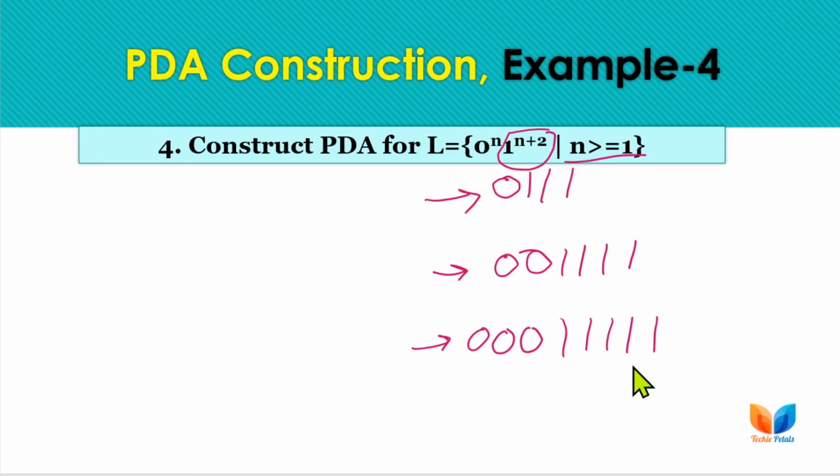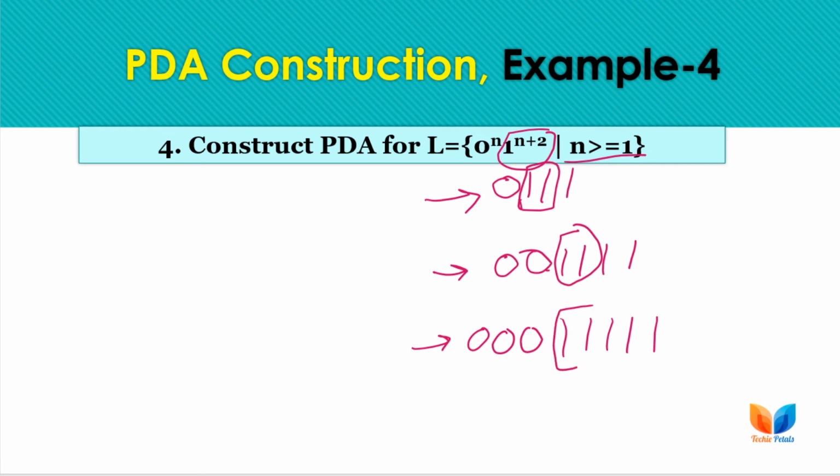You can make the logic for both types of question, meaning you can consider the last 2 ones as the extra ones, or the first 2 ones as the extra ones. It is up to you, but I am using the logic where I consider the first 2 ones as the extra ones.